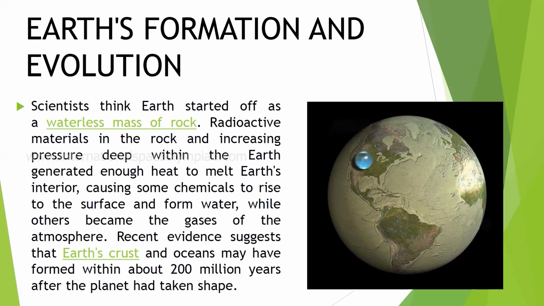There are a number of theories by which we conclude how water became a crucial molecule on the Earth's surface. I mean, 70% of Earth's surface is covered in water. We have five oceans, right? The Pacific Ocean, Atlantic Ocean, Indian Ocean, the Southern Ocean, and Arctic Ocean.